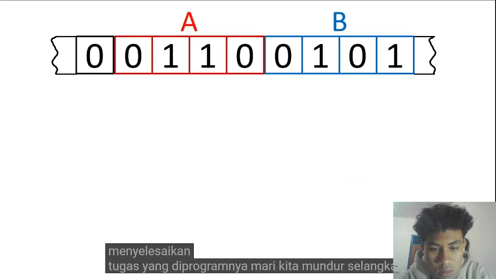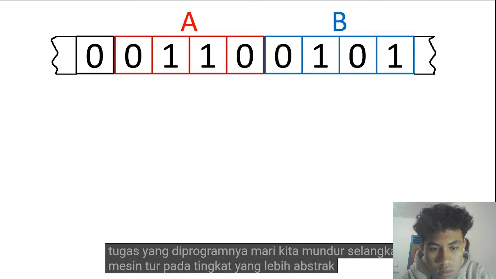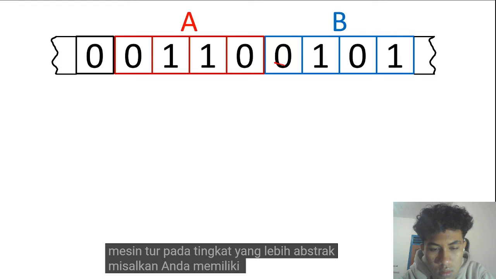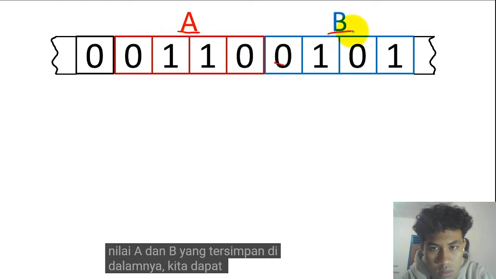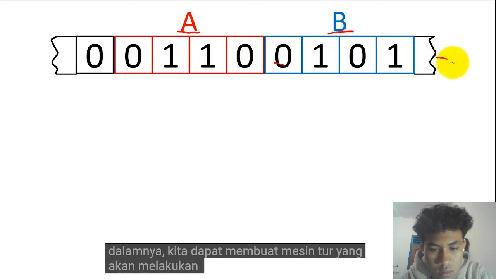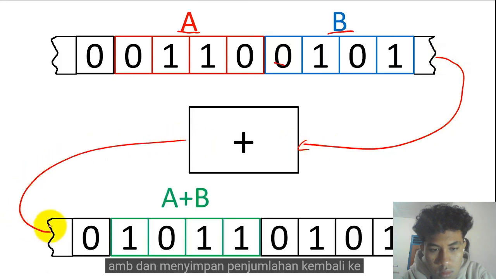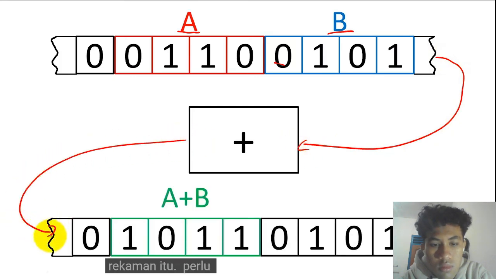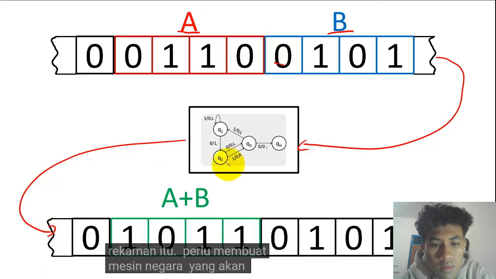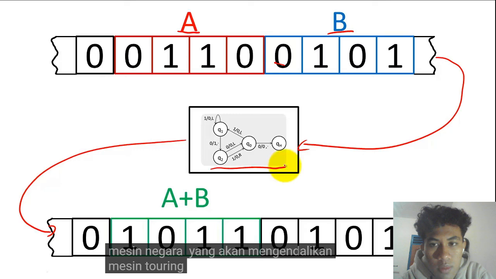Let's take a step back and look at the Turing machine at a more abstract level. Suppose you have a tape with two values A and B stored on it. We could build a Turing machine that would perform the addition operation on A and B and store the summation back onto the tape. We would simply need to create a state machine that would control the Turing machine appropriately.